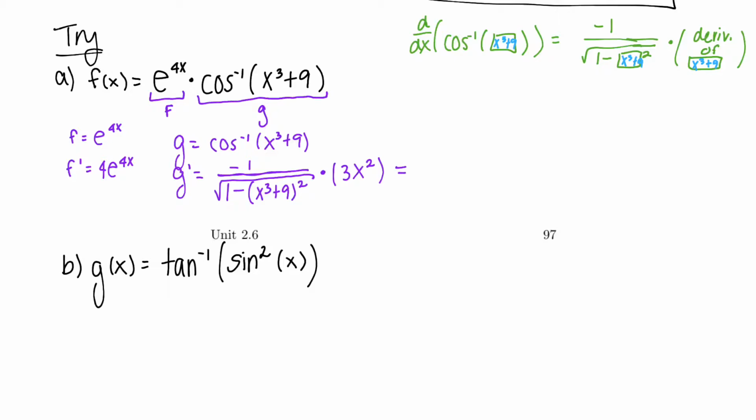Which, if we wanted to clean it up a little bit, the numerators can be multiplied together. So you'd get -3x squared over the square root of 1 minus x cubed plus 9 squared.